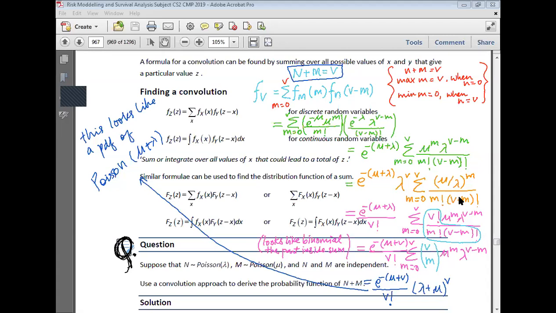So the very first thing that helps you is to check what is unique about this thing which is inside the summation. So we saw that we have m factorial and then we have v minus m factorial. So we knew that if I can add v factorial in the numerator here, it could look a bit like the binomial distribution if I just adjust this and take this again inside, right?